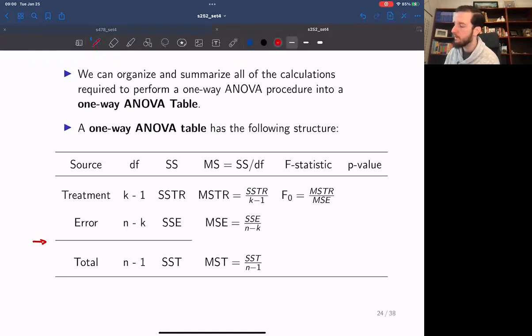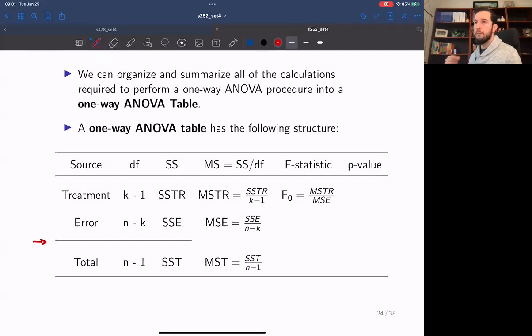From that point, the relationships in the table turn into division. MSTR is the SSTR over its degrees of freedom, and the MSE is the SSE over its degrees of freedom. And then the F value, F naught, is the MSTR over the MSE.